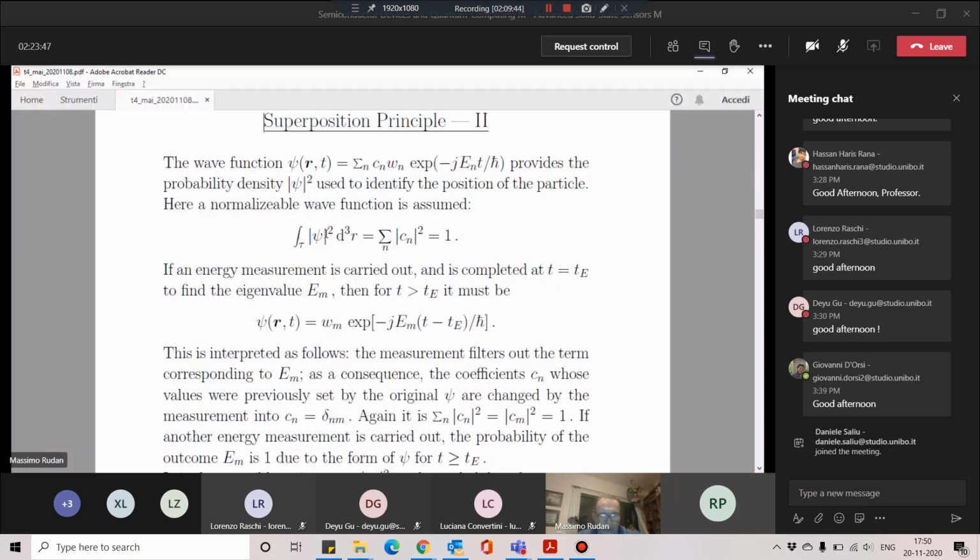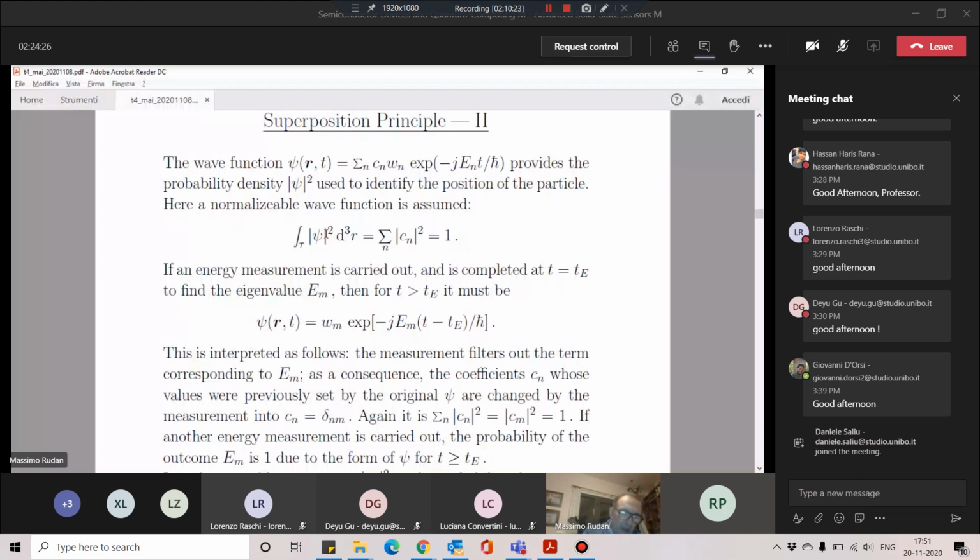We shall see in a second that this energy must be one of the eigenvalues of the Schrödinger equation independent of time. But for the moment, let's call it E sub m. If we know for sure that the energy of this particle is E sub m, then the wave function that describes the particle from now on must be monochromatic, because now we know the energy.